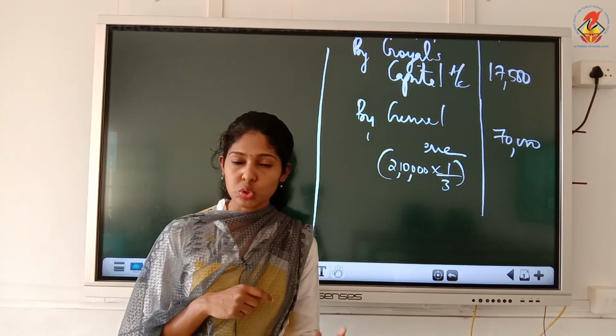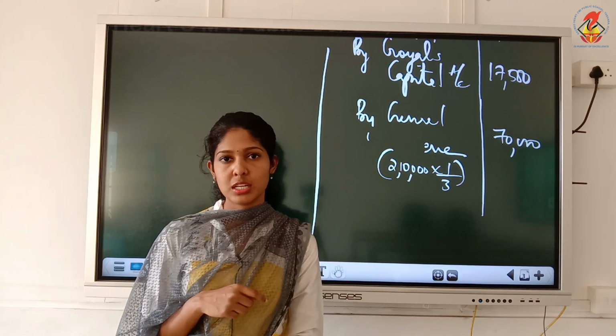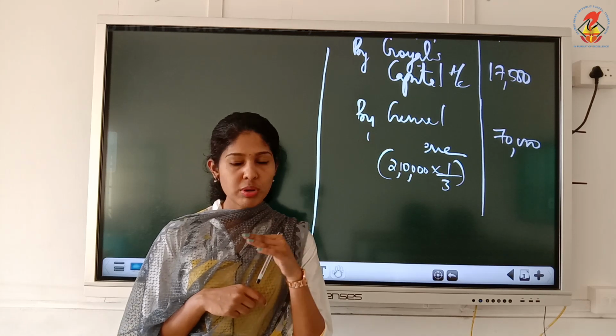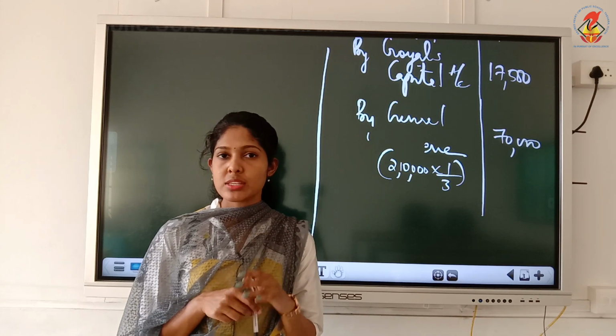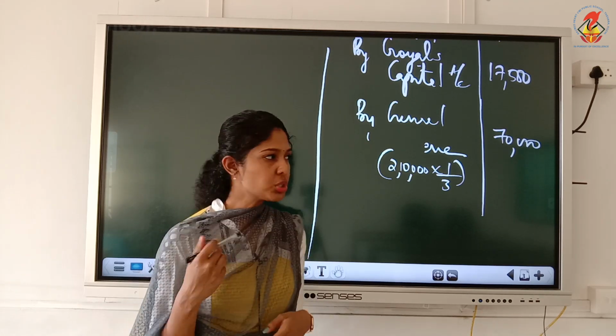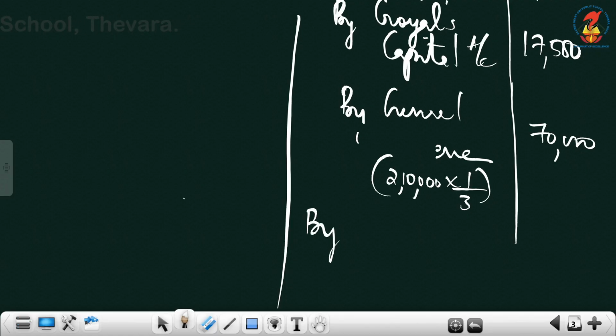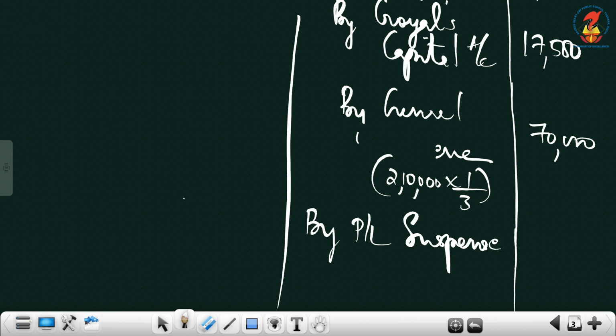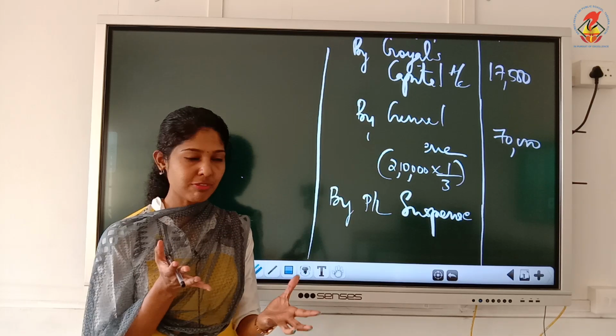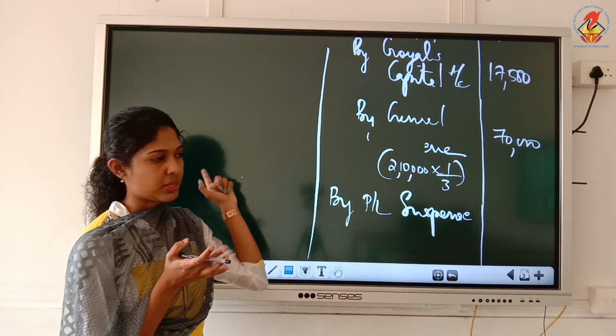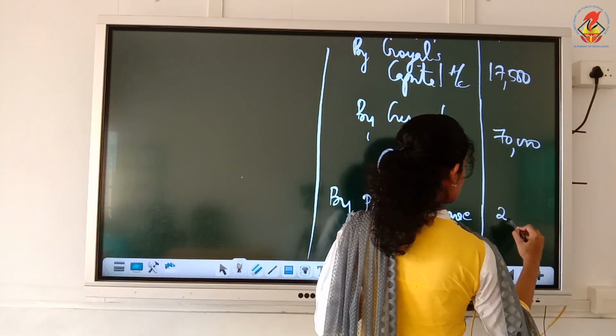It is similar to the goodwill entry, gaining partner debtor to deceased partner. So, those two entries we have discussed already. Since there is no change in ratio, you can just write it as by P&L suspense, his share of profit or share of loss. If you are getting a share of loss, if it is a negative figure, you write to P&L suspense. So, here the amount is 20,000.